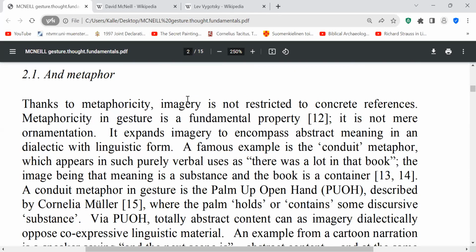And metaphor: thanks to metaphoricity, imagery is not restricted to concrete references. Metaphoricity in gesture is a fundamental property, and it is not mere ornamentation.